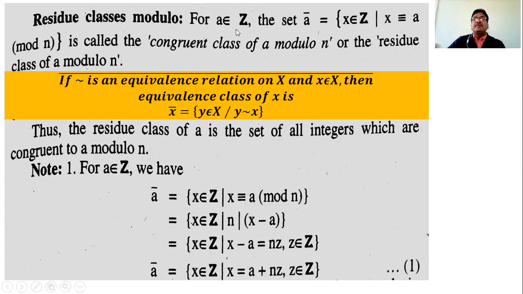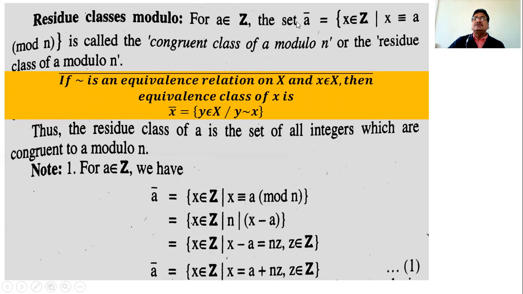So a is an element of Z, and we can find its equivalence class. This is the notation for the equivalence class, a bar, x bar. So the equivalence class a bar is the set of elements from Z, where y belongs to X, because ~ is the relation on set X. Here the equivalence relation is the congruence relation.